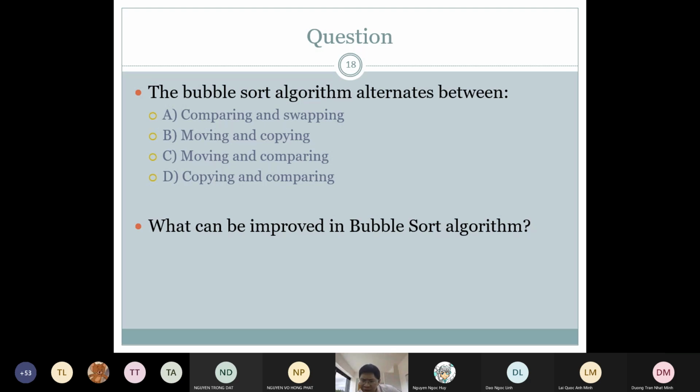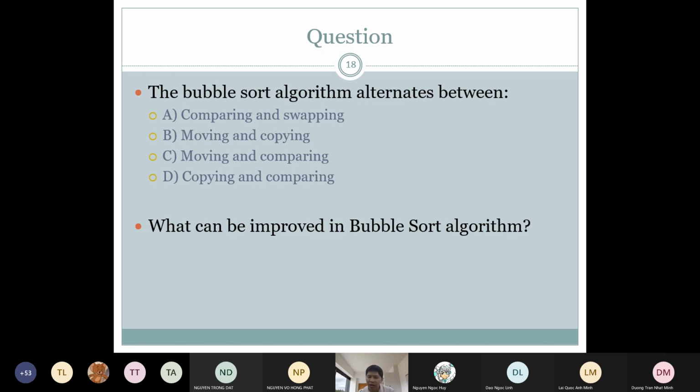Hugh mentioned that if there is no swap in an iteration, we assume it is already sorted. Yep, that could be one, like an early stopping signal: if we have no swap at all, we can stop. But in general, we want to make some bigger improvement, not only an improvement for one single special case where it is sorted already.